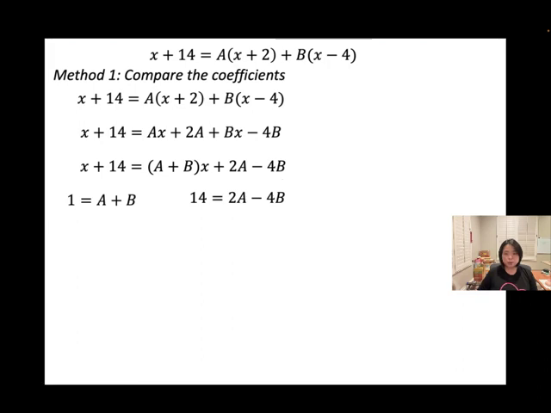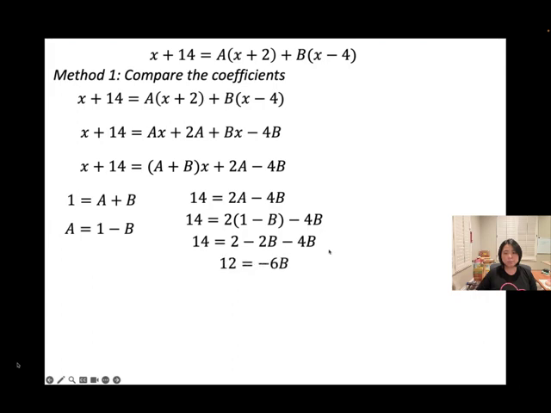Now we have two equations and two variables. For this one, we're going to use substitution. So A equals 1 minus B; we subtract B from both sides. Now we plug it back into this equation. Distribute the 2, so I get 14 equals 2 minus 2B minus 4B.